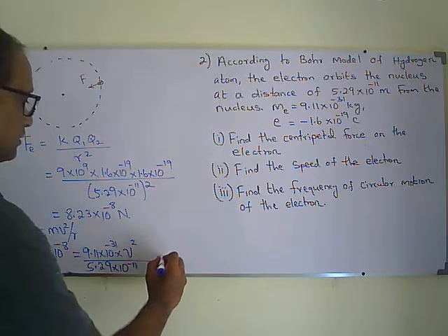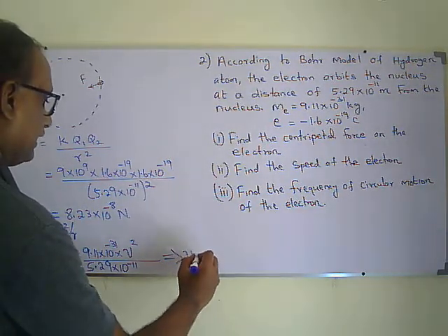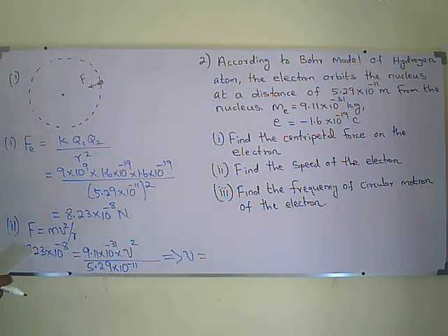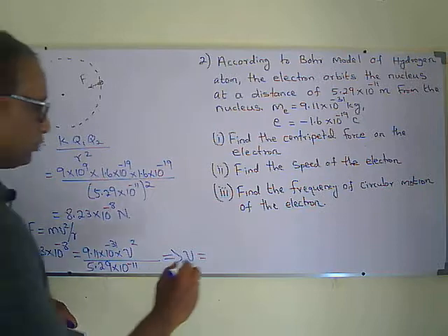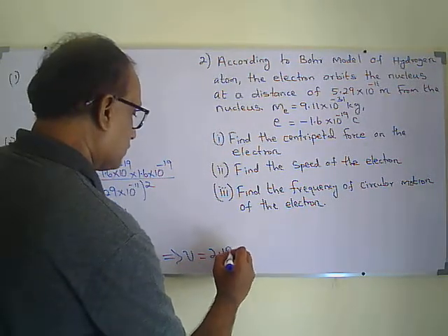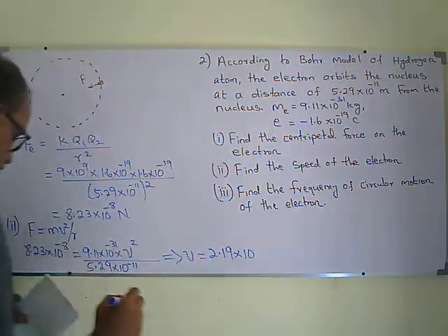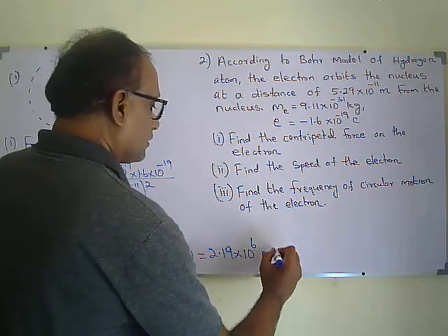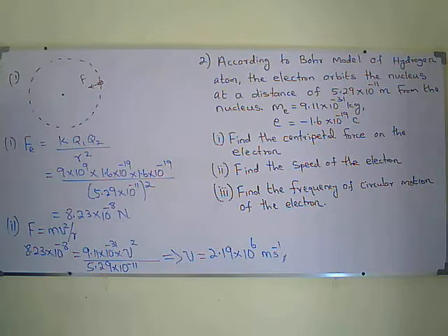Solve it and get the value of v: cross multiply, divide, and take the square root. You will get the speed, that will be 2.19 × 10^6 meter per second. So that's the speed of the electron around the nucleus.